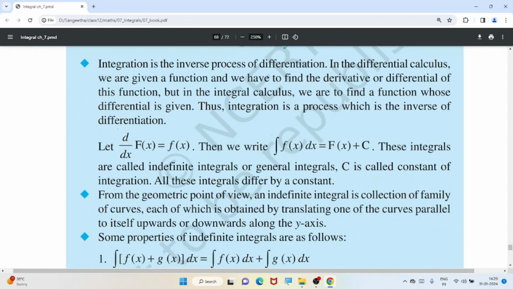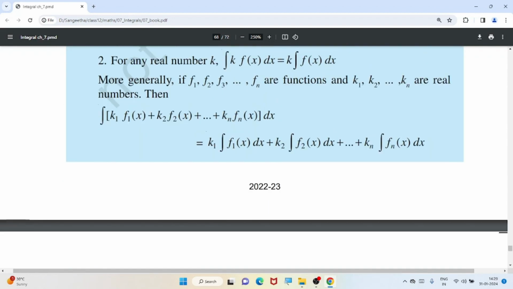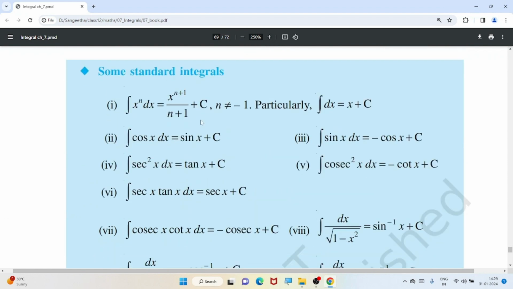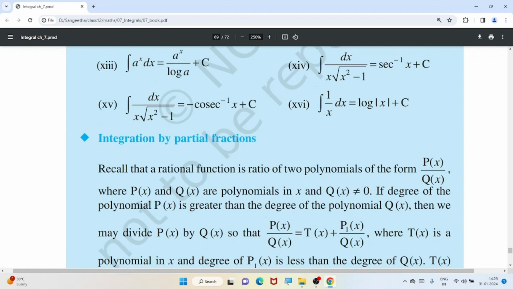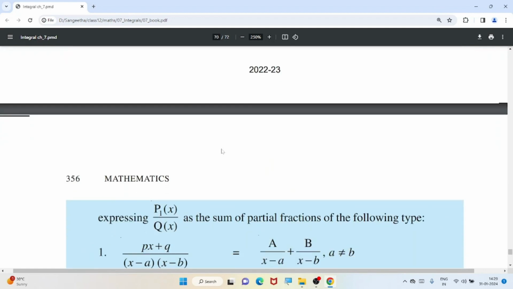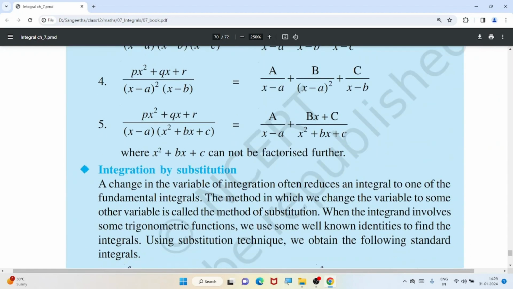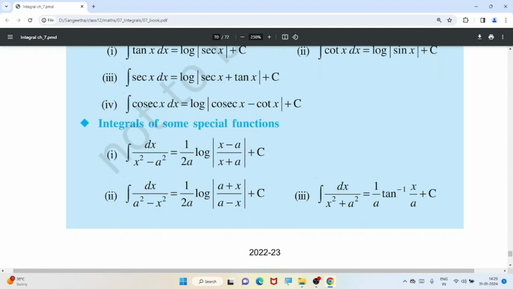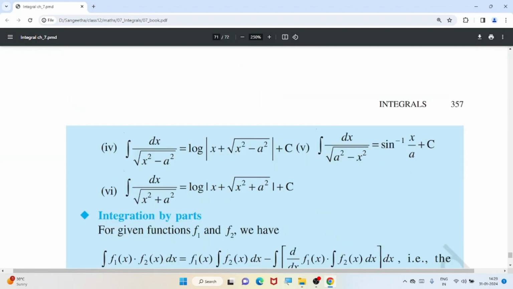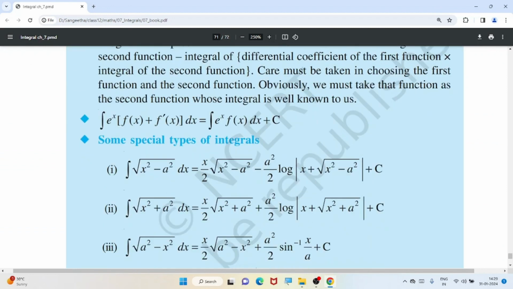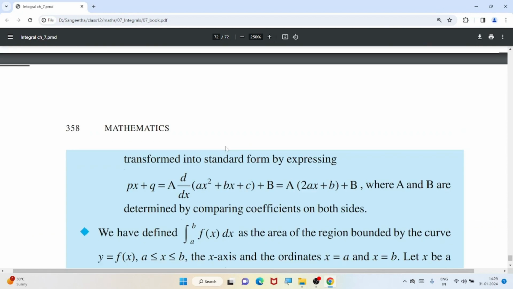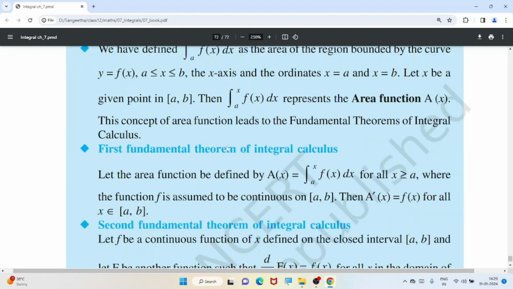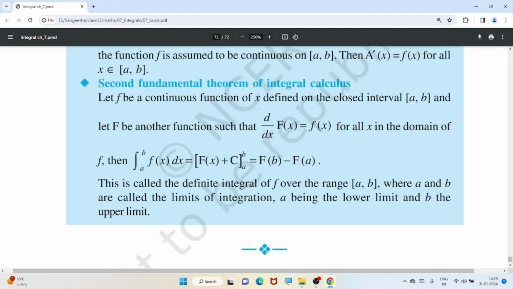Summary, you read this. These are some standard integration functions: integration by partial fractions, integration by substitution, some special functions, by parts, special types of integrals, and area functions.